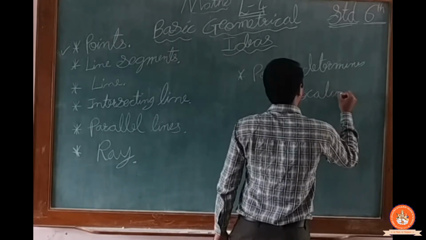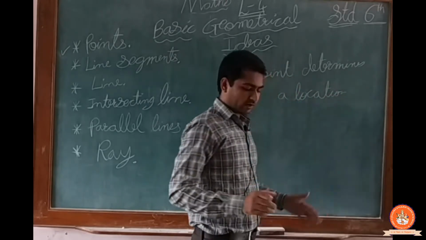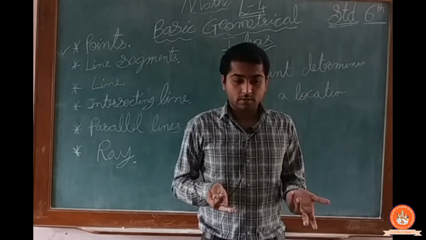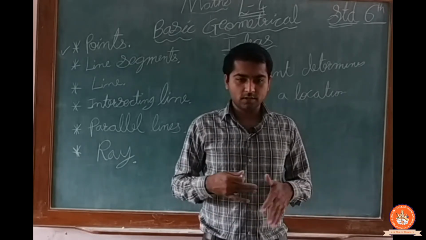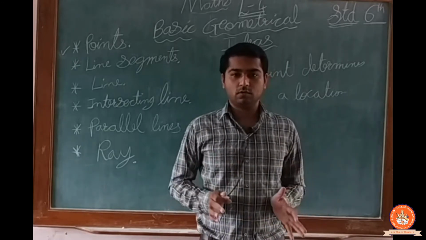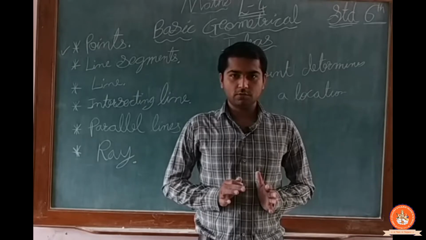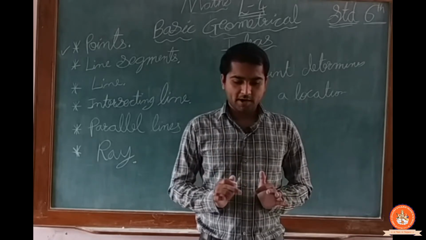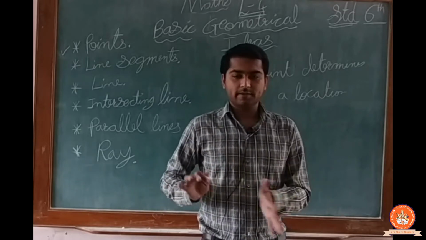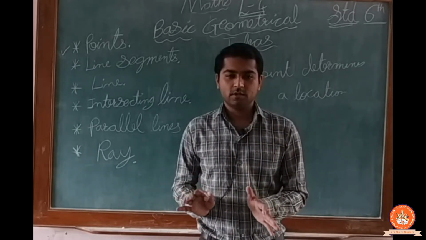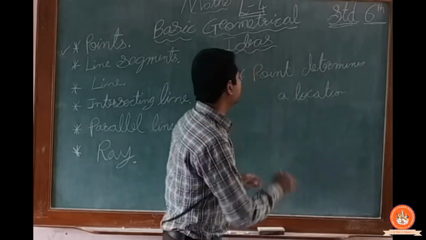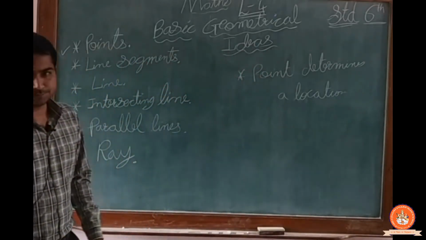For example, if I am standing right now here and आपको ग्राफ बनाना है, if you want to draw some diagram of mine, you will not draw my total photo, whole photo. What you will do is one single point, and you will specify that at this point Z sir is standing, in your diagram. So this point is showing the location.